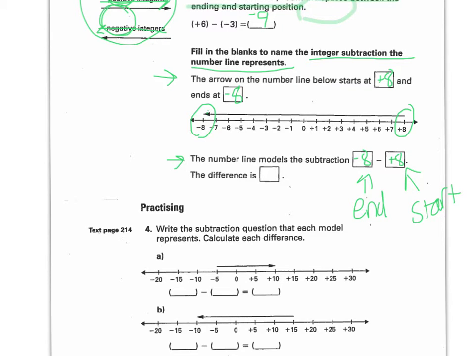So now I'm going to count. 1, 2, 3, 4, 5, 6, 7, 8, 9, 10, 11, 12, 13, 14, 15, 16. The difference is 16. The arrow moves to the left, therefore it's -16.